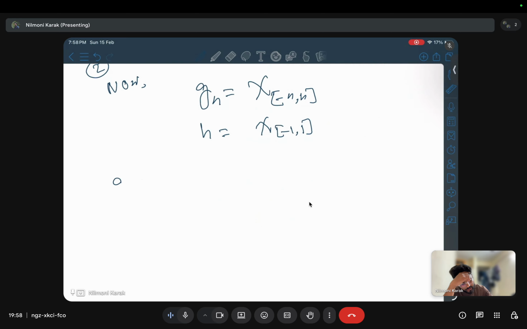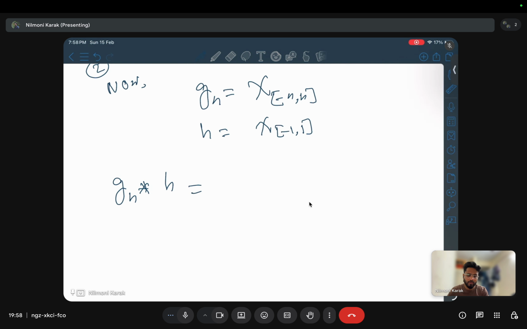Now similarly use g_n star h. What is the convolution formula? The definition has no constant.